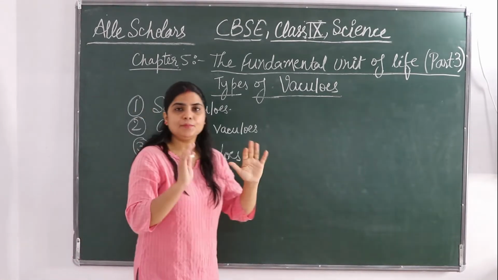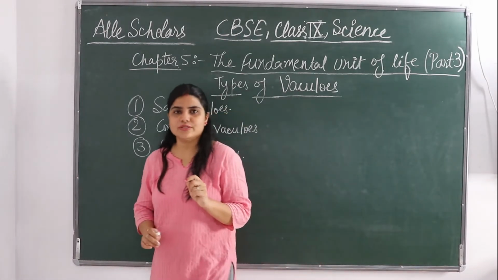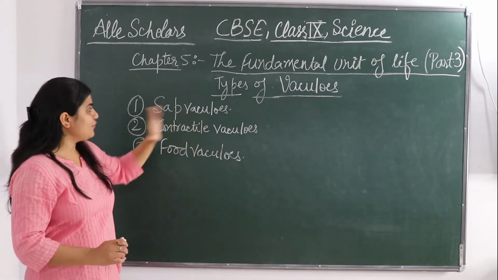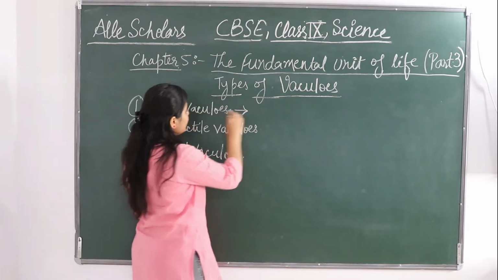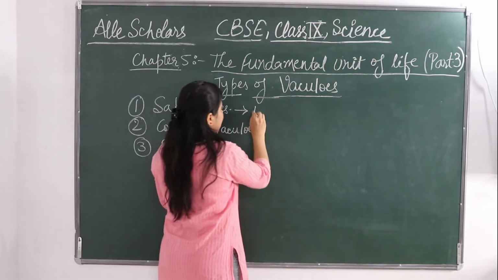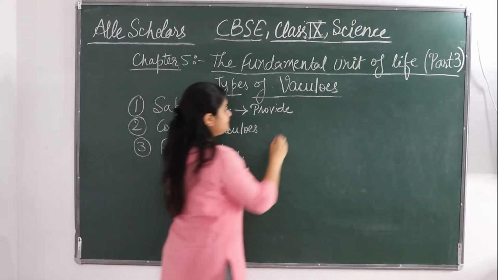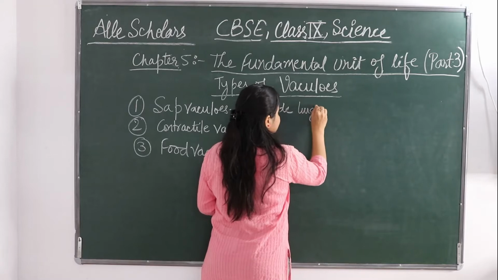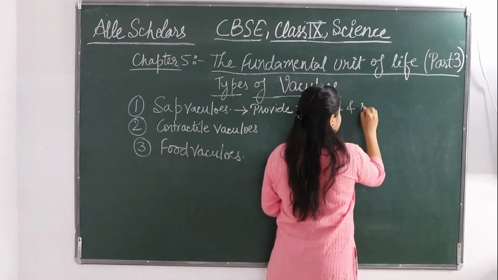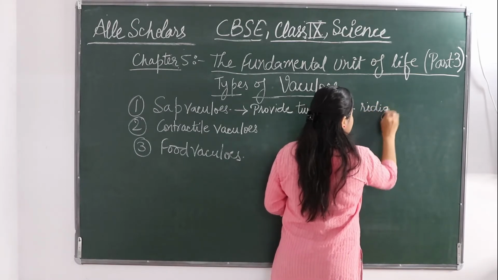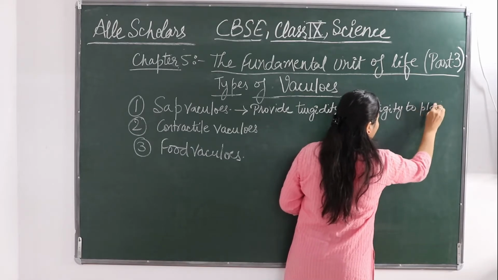So what happens in a plant cell? The vacuoles are full of sap. They are full of sap vacuoles in plant cells. And what do they do? The function of the sap vacuole is that it provides turgidity and rigidity to the cell.